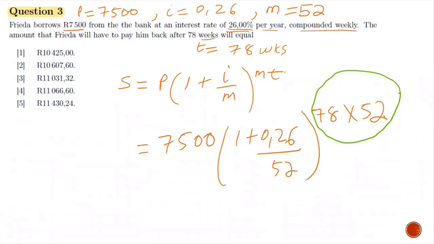Because here, what I've just done was just to substitute. Following the same process, is this correct for me to take the 78 weeks and multiply it by another 52 weeks? Am I correct there? Is there anyone who wants to comment by saying yes?